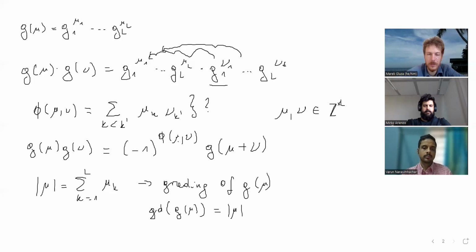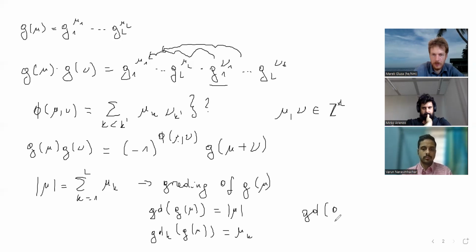We could define this, right? And we could also have the grading in Grassmann number k of G mu. This would be just mu k, right? And to give another example, the grading of G mu plus nu is in this case mu plus nu.